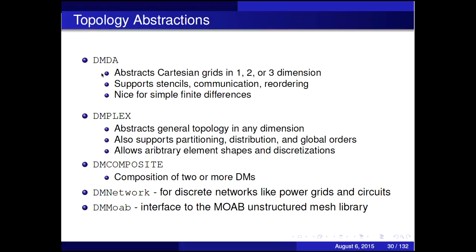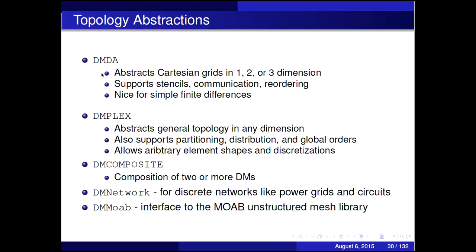What it does is it sets up all the communication patterns as needed, for example, for the ghost points in the previous slide that I showed you. It sets up all the details of the communication pattern. It provides a way to automatically create appropriately sized vectors for these types of meshes.